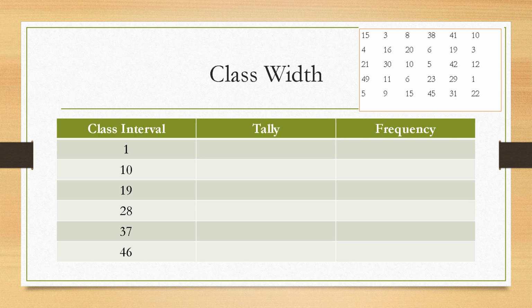Now, we need to add another number to make the interval true. To begin with, the number before 10 is 9. Therefore, we add 9 to our class interval in the first class. After this, the number before 19 is 18.